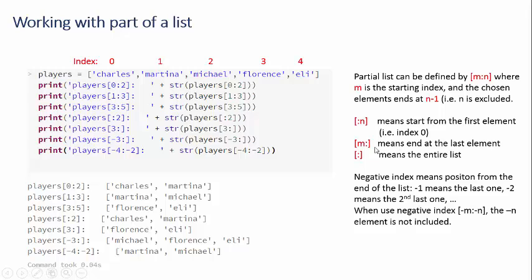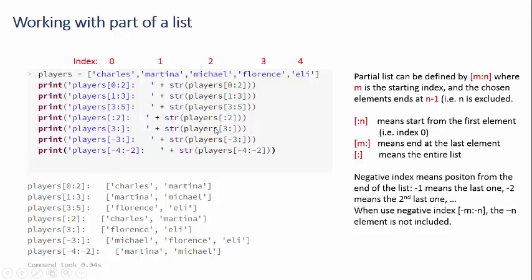And we can also omit the last integer, which means we only have an integer and a colon, there's nothing else, which means the end of this partial list is the last element. And if you want to refer to all the elements within a list, you can just use the colon itself, which means you start from the first element to the last element, and this means the entire list.